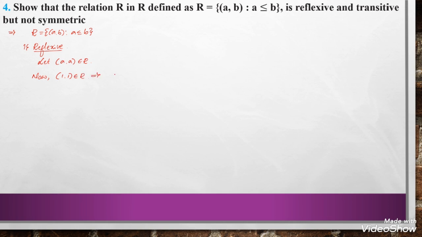Yes, because here the condition is 1 is less than or equal to 1. This condition is satisfied, so 1 comma 1 belongs to R. Similarly for every element. Therefore, it is reflexive.